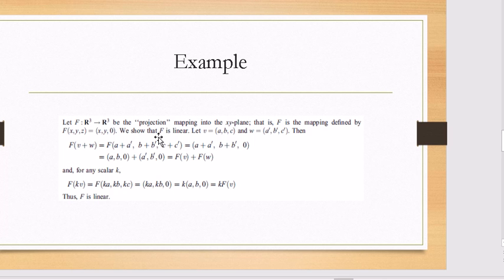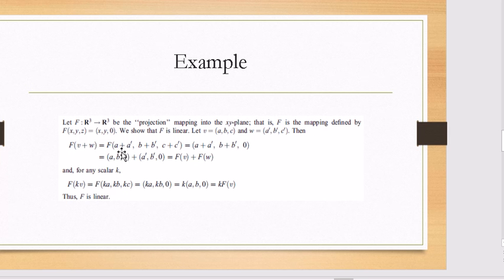Now we will show that this function f is linear. To prove whether any function is linear or not, we take two vectors v and w. These v and w belong to R3. Then for f of v plus w, we will apply f to the sum of v and w. Here we will sum v and w first, and then we will apply the definition of this function f.